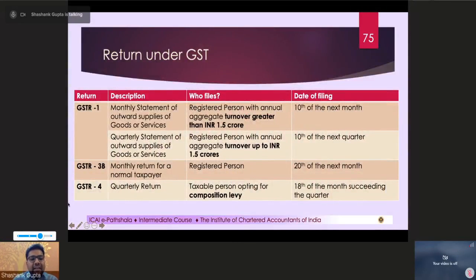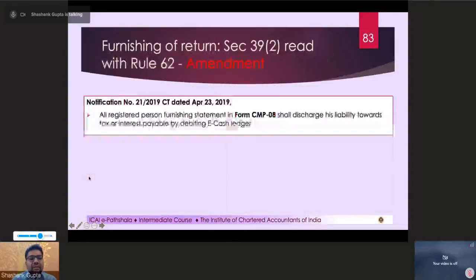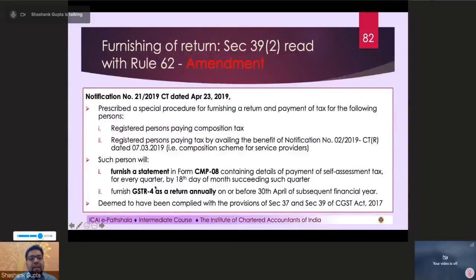Now this has been relaxed, and this GSTR 4 has been made an annual return. No longer requirement of filing it quarterly. This has been made an annual return required to be filed by 30th April. So for financial year 2021, it has to be filed by the end of April 21, that is 30th April 2021.